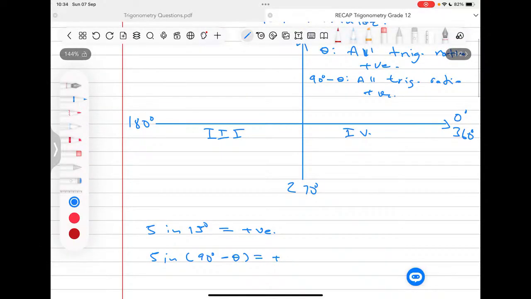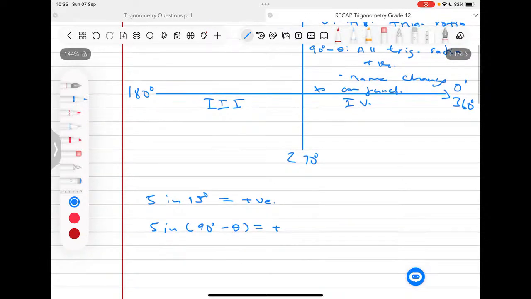Now, the second thing that we have to note when we have an angle of this form is that the name of our trig ratio will change to its co-function. Now, remember that the sine function is a co-function of cosine.